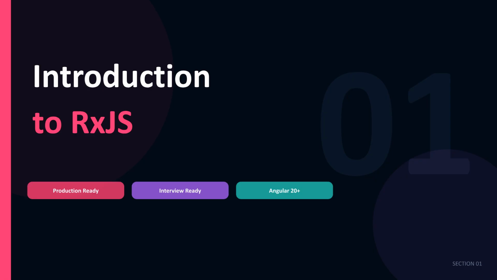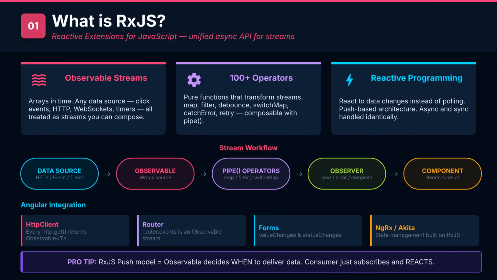We begin with Section 1, Introduction to RxJS. This covers reactive programming, the push versus pull model, observable architecture, and why Angular applications benefit from RxJS. RxJS. It's reactive extensions for JavaScript, offering a unified async API for streams. RxJS is built on observable streams, which are essentially arrays in time.